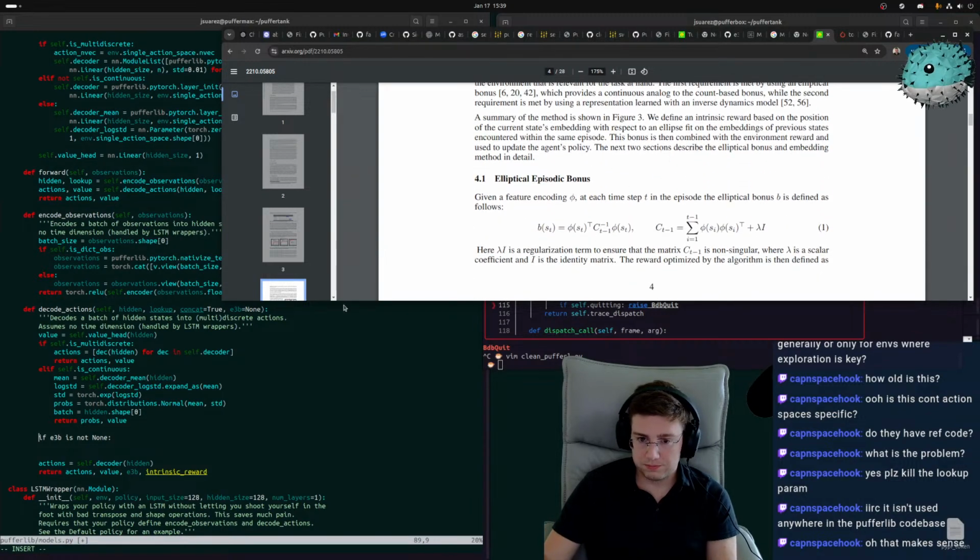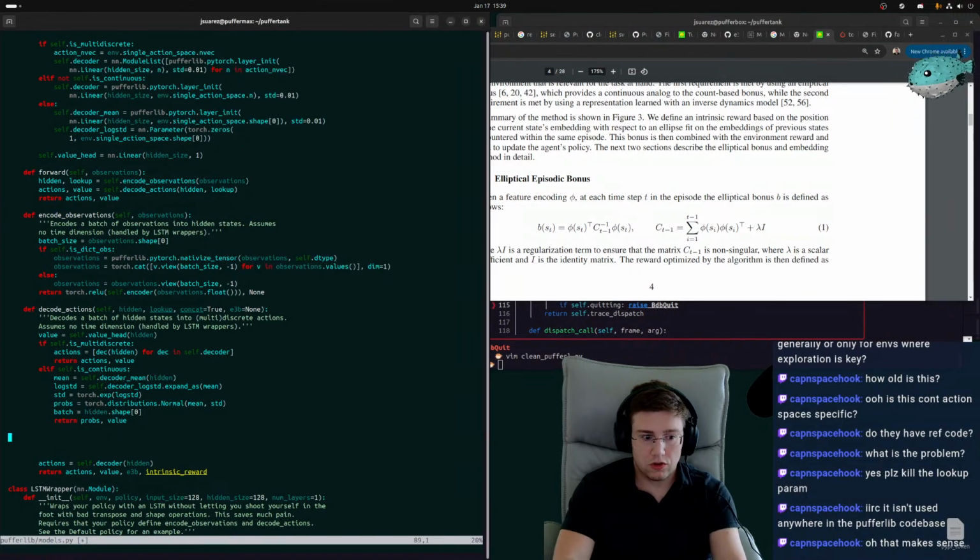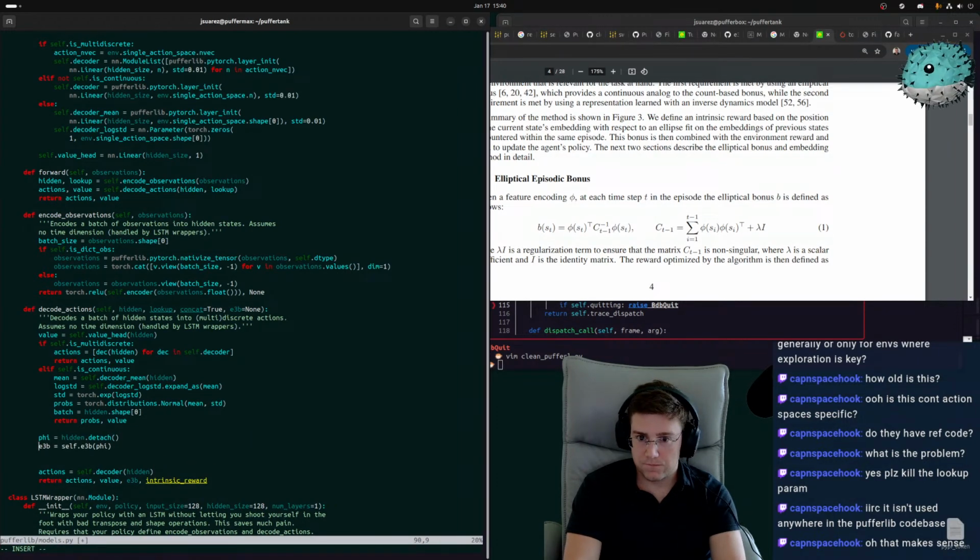Here's the formula. So we do phi equals hidden detach. And then we do intrinsic reward equals phi transpose, like this.